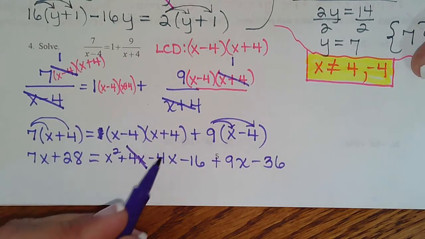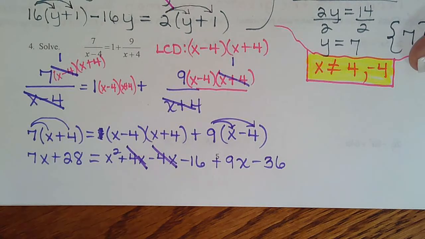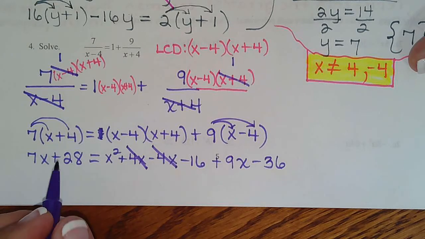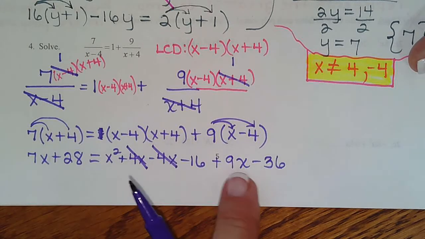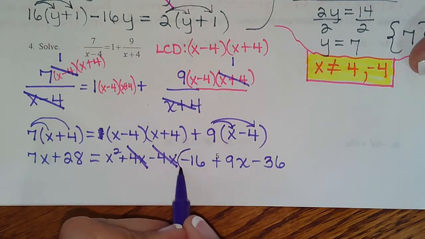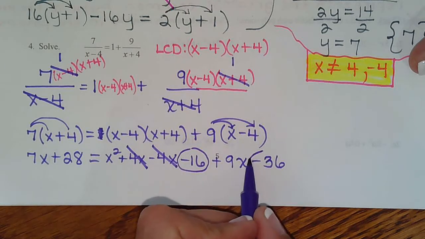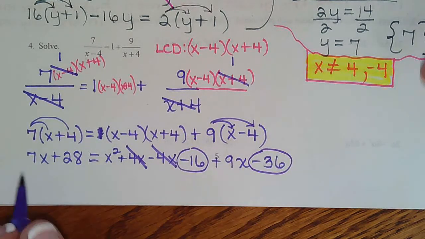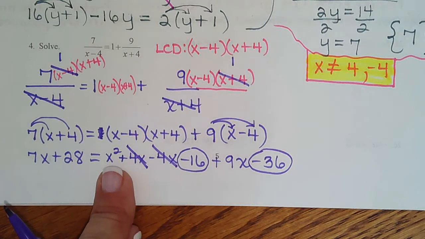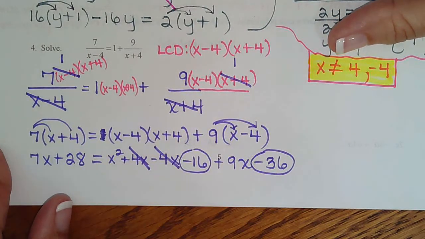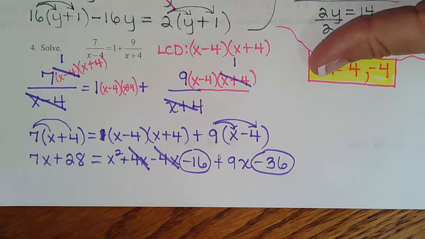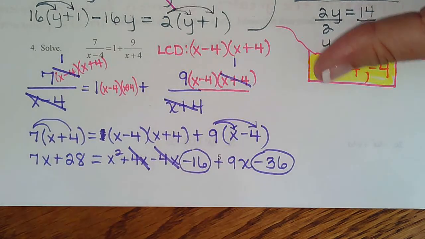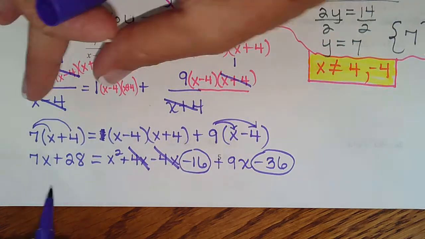So 4x minus 4x is gone. This side, nothing's common. This side, we do have like terms right here. So because of the x squared, we are going to have to set it equal to 0. So these are eventually going to have to come over, but I'm going to flip it on the next step.